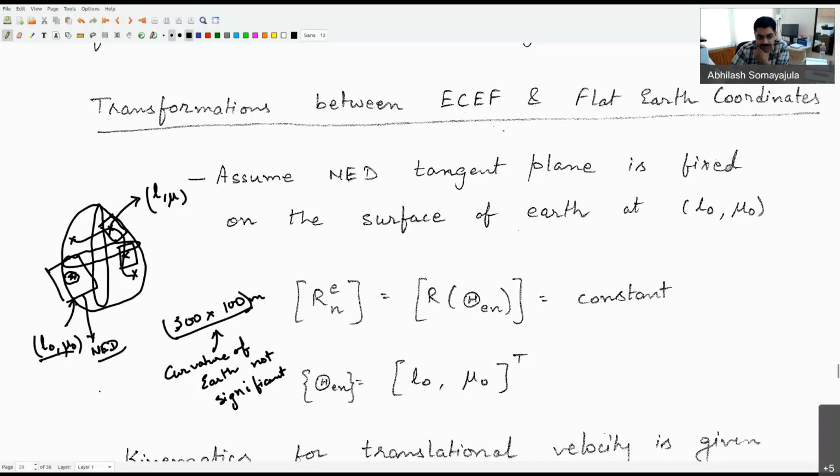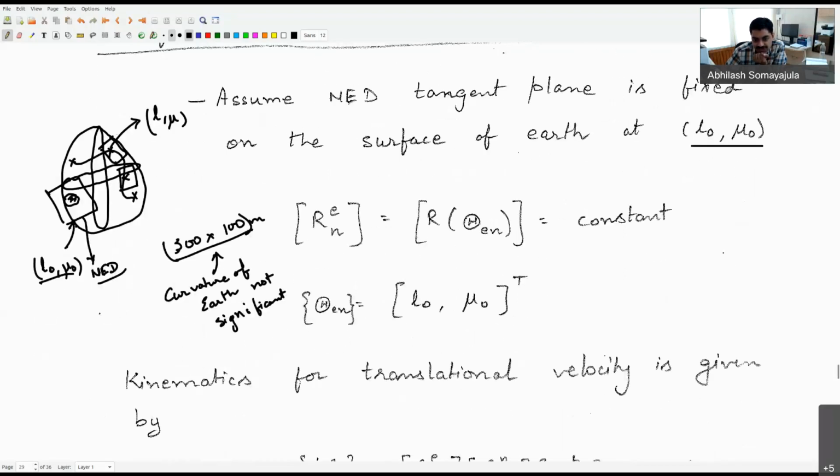So there are two ways to really look at it. We can assume that the NED tangent plane is fixed on the surface of the Earth at some point L0, mu 0. And then we can do the transformation of the positions and velocities into that NED frame when we get measurements from the GPS sensors.